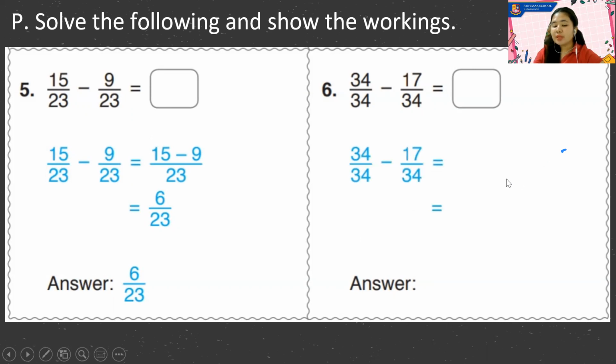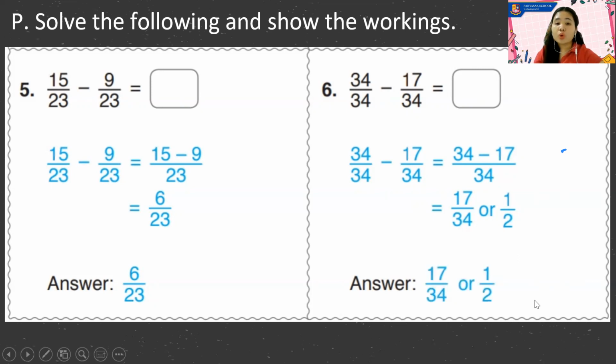So copy the denominator of 34. So 34 minus 17. What is the answer? Okay, it is 17 over 34. But you can divide this by 17. So 17 divided by 17, that is 1. 34 divided by 17, that is 2. So the answer for number 6 is 17 over 34 or 1/2.